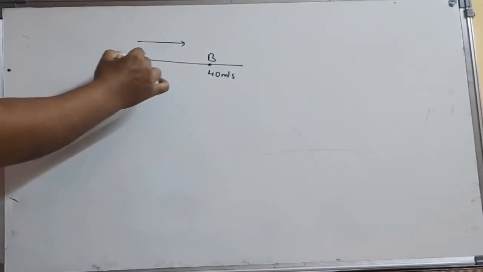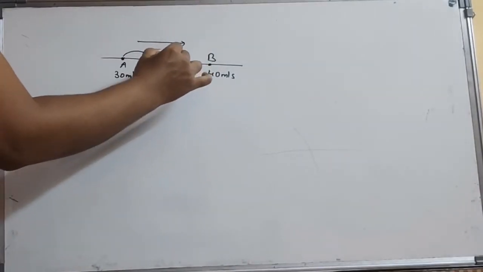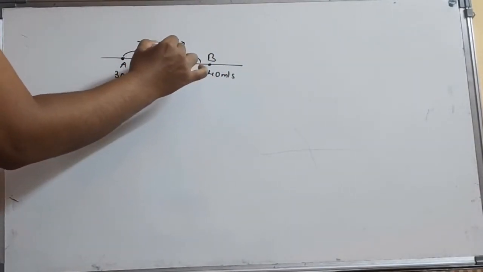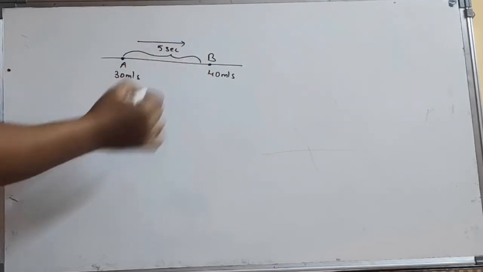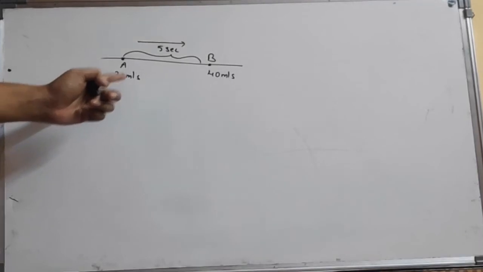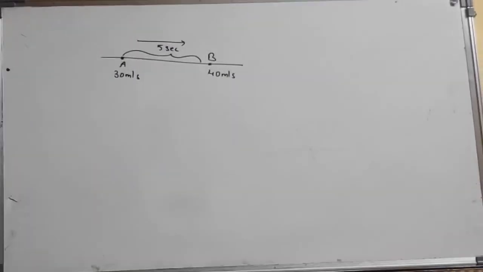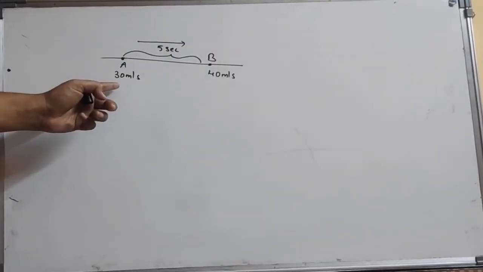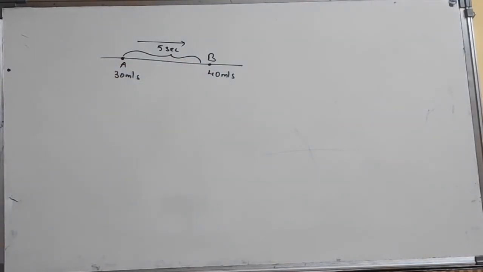Say it has taken 5 seconds for this vehicle to reach from point A to point B. Okay, so the velocity has changed after 5 seconds from 30 meters per second to 40 meters per second.